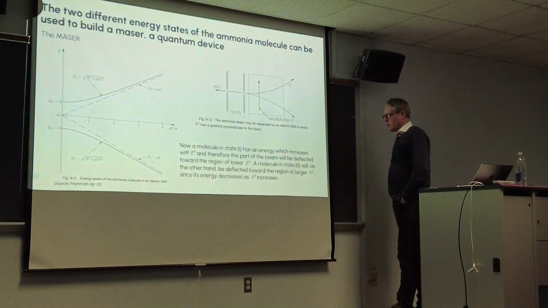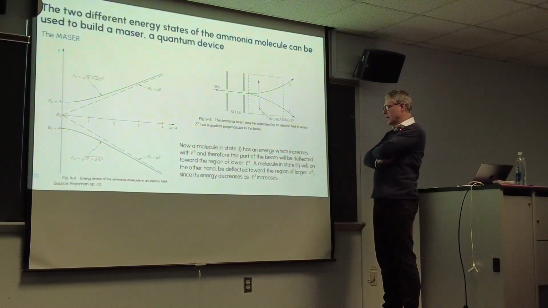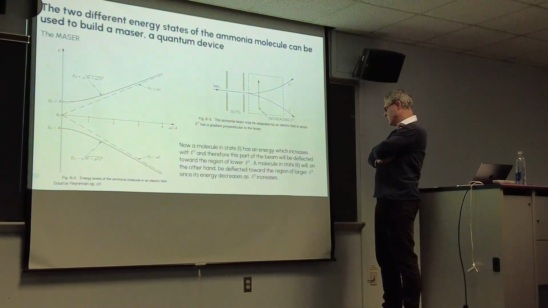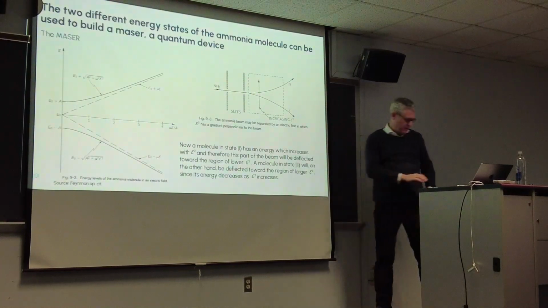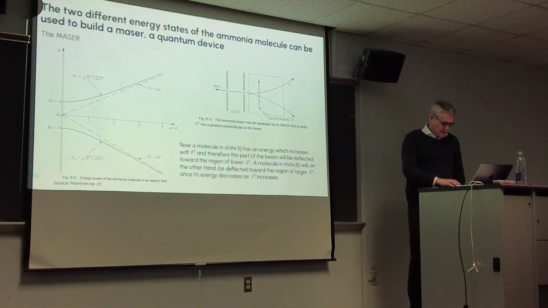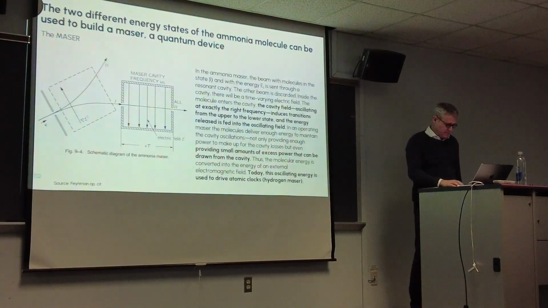In other words, the molecule in state 1 has an energy which increases with E square, and therefore this part of the beam will be deflected towards the region of lower E square. And the molecule in state 2 will, on the other hand, be deflected towards the region of larger E square, since its energy decreases as E square increases. So you can now separate the molecules into two beams.